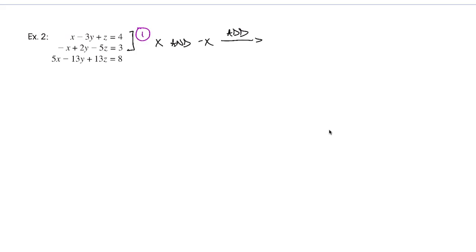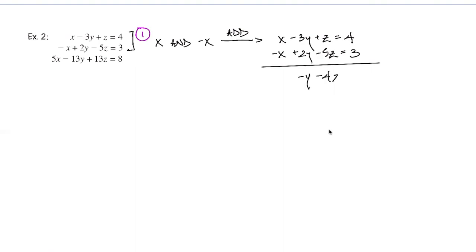So let's write them out here. x minus 3y plus z equals 4. -x plus 2y minus 5z equals 3. And we'll add. Okay. So when we add, the x's go away, and we get -y minus 4z equals 7. Okay. So now based on that, I've gotten rid of the x's.